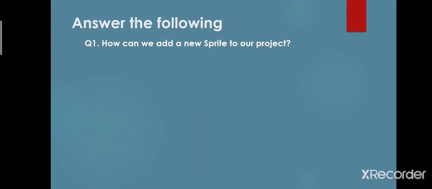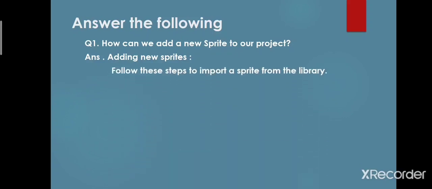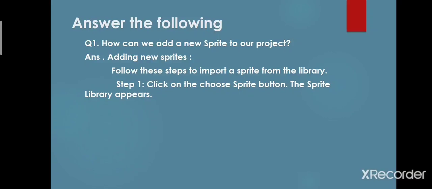Question number 1 is, how can we add a new sprite to our project? The answer, adding a new sprite, must be written with blue color. Then you have to use the pencil. Follow these steps to import a sprite from the library. Step number 1, click on the choose sprite button.